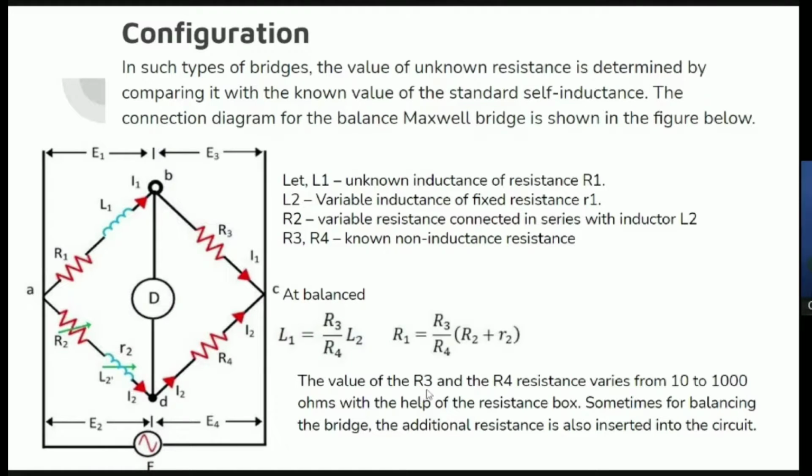The value of R3 and R4 resistance varies from 10 to 1000 ohms with the help of a resistance box. Sometimes for balancing the bridge, additional resistance is also inserted into the circuit.